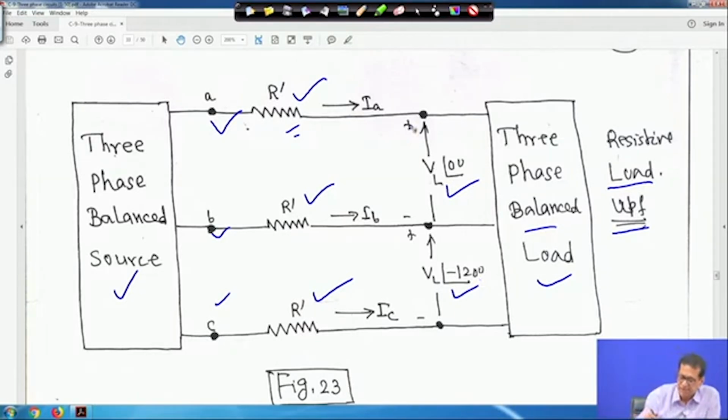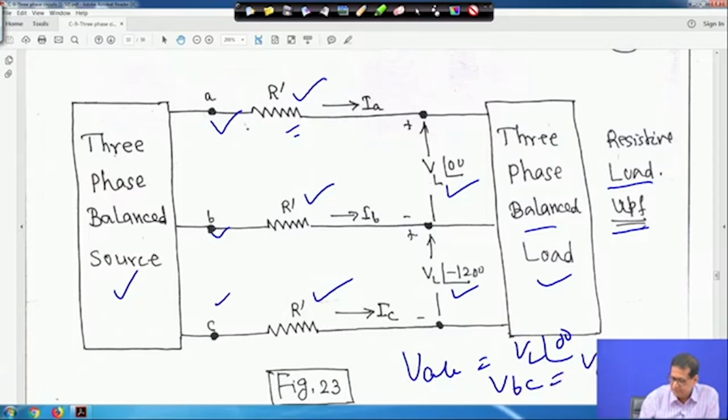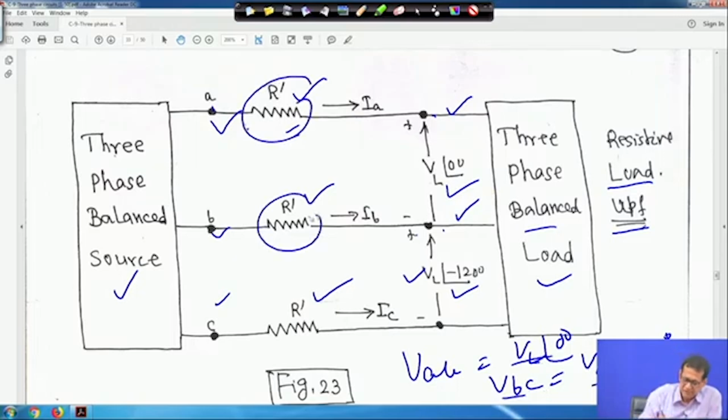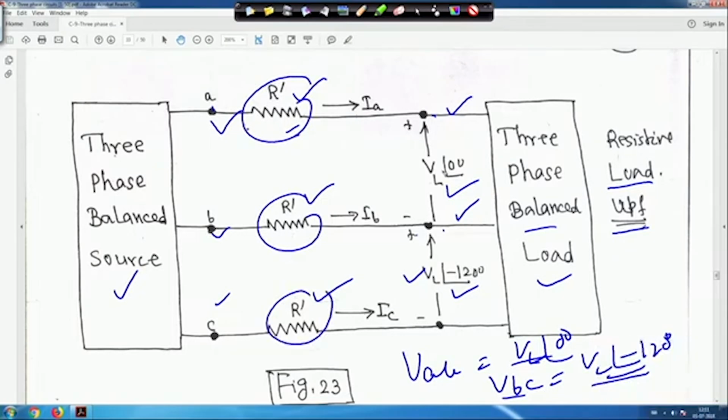When we write plus and minus, it is the instantaneous polarity. That means VAB is equal to VL angle 0 degrees and VBC is equal to VL angle minus 120 degrees. This is A to B, basically this line. If we ignore the loss in this line, then VAB is equal to VL angle 0, equal to VBC.